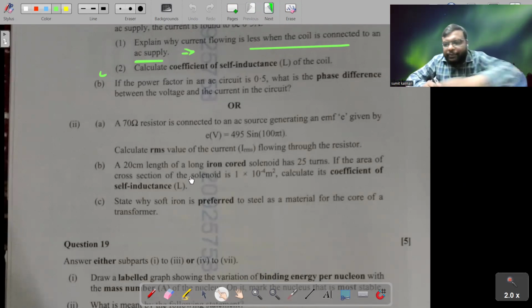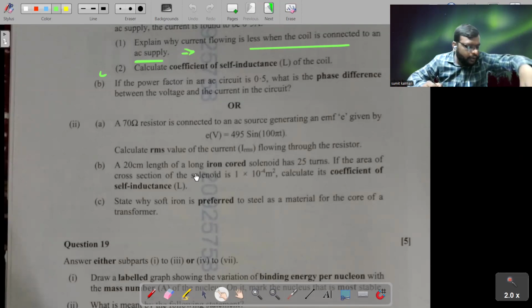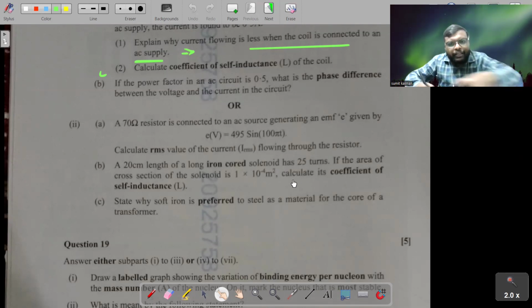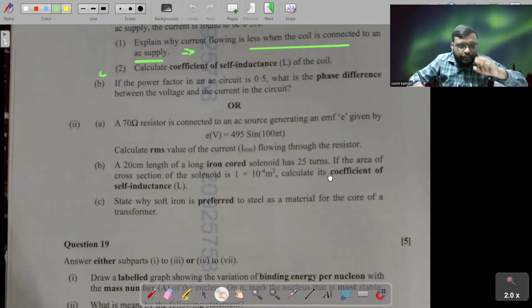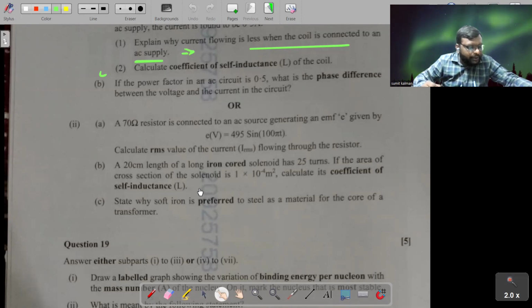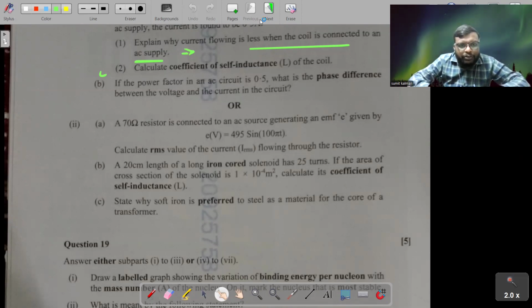A 20 centimeter length of a long iron core solenoid has 25 turns. If the area of cross section of the solenoid is 1 into 10 power minus 4 meter square, you have to calculate its coefficient of self inductance L. So they are asking to calculate this coefficient of self inductance L. So students, we'll proceed for the solution of this problem.